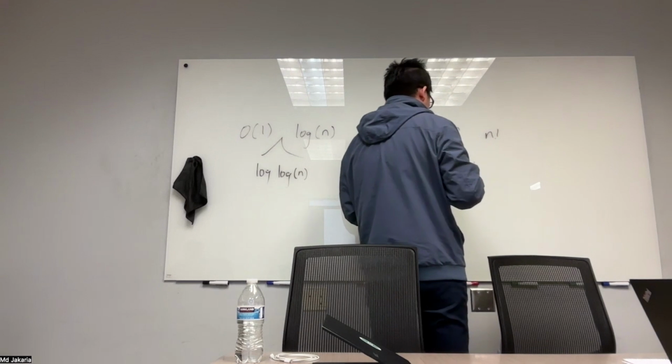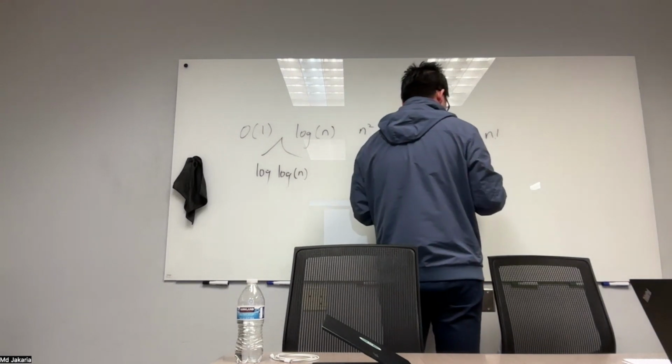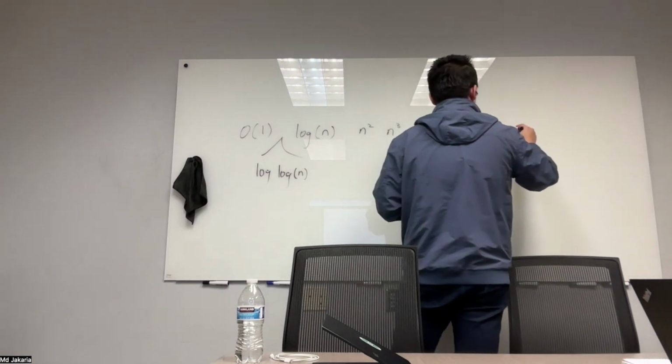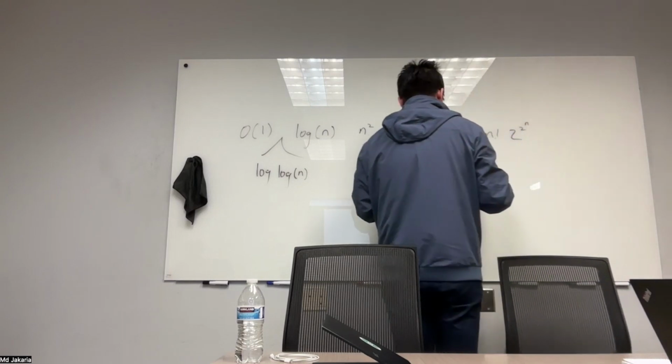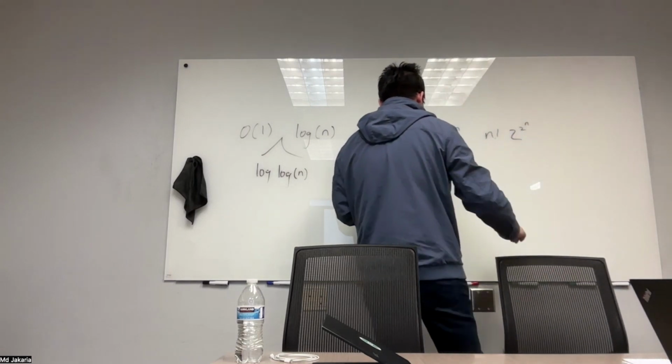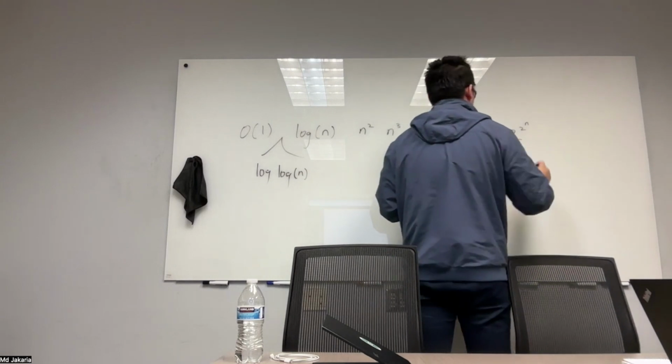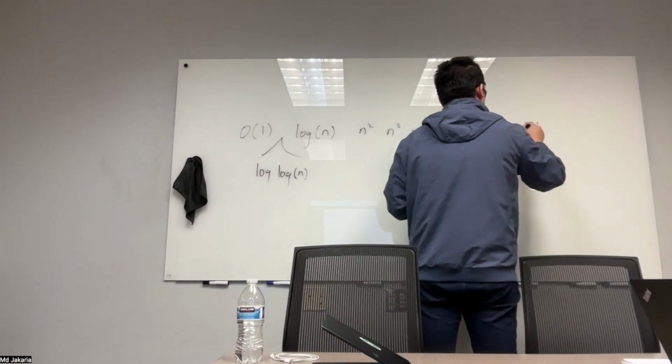And then on this question right here, you have something like 2 to the 2 to the n, which is faster than the factorial, and we also have anything plus one step.